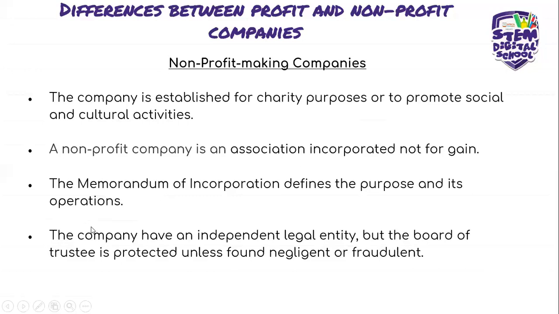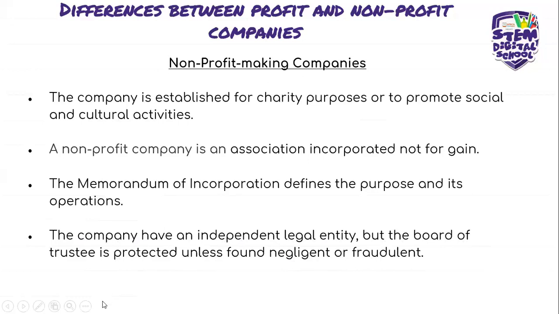Then we also look at the company. The company is an independent legal entity, but the board of trustees is protected unless found negligent or fraudulent.